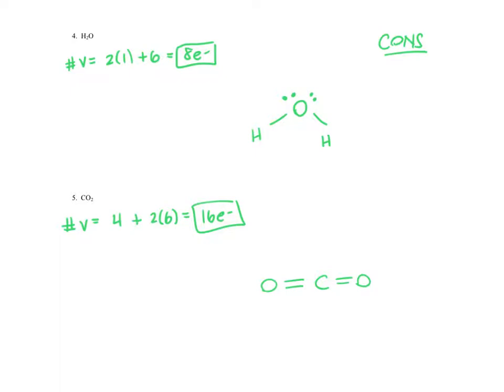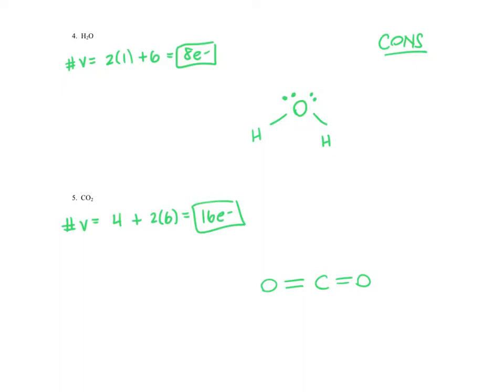Because when I do that, now I have 2, 4, 6, 8 electrons shown, and I only have to include 8 more dots. So again, CONS. Those are the elements most likely to form double or triple bonds. I do have 8 more electrons I have to add.